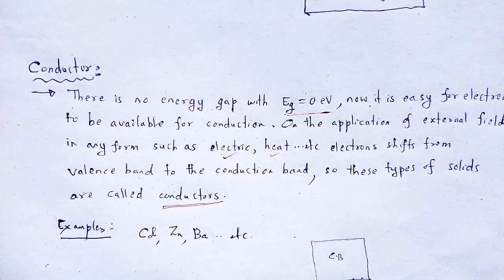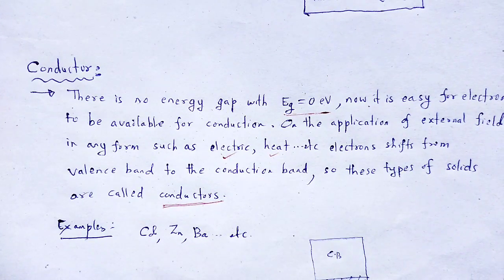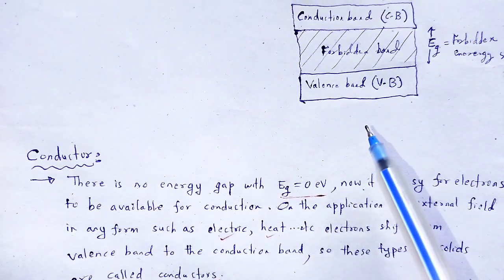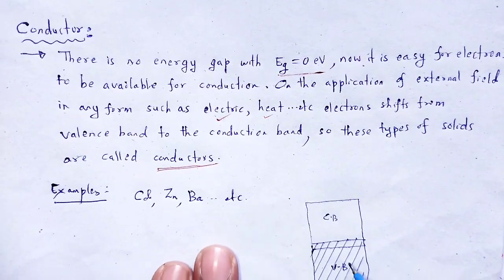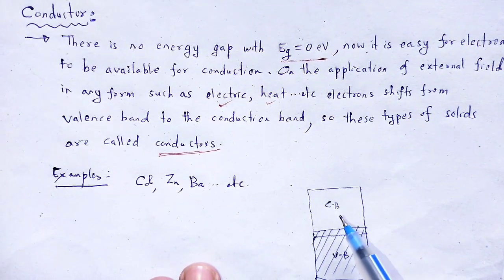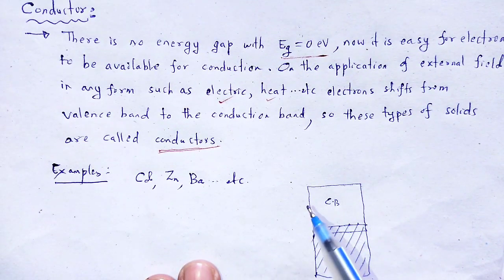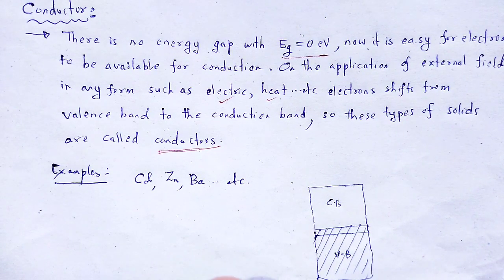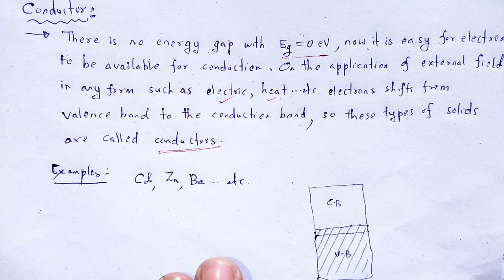That is known as a conductor. It is easy to move electrons from the valency band towards the conduction band in order to conduct electricity throughout a particular crystal or metal.